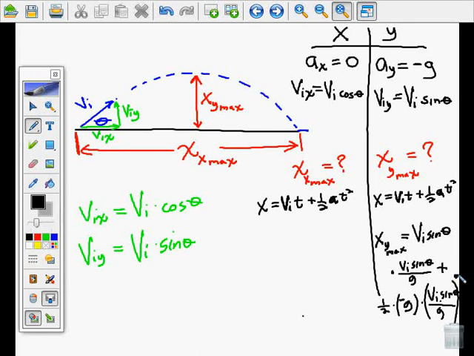So that gives you your expression for xy max. You only use time up. So back over here, I'm going to put in a little time up.